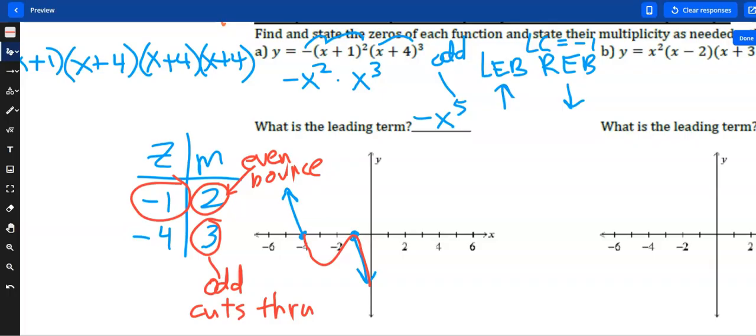Now, if you wanted to be super technical, which you do not have to be, you'd come up and bounce, and then you would do that little slide through right there, where it looks a little bit like there's a curve at -4.